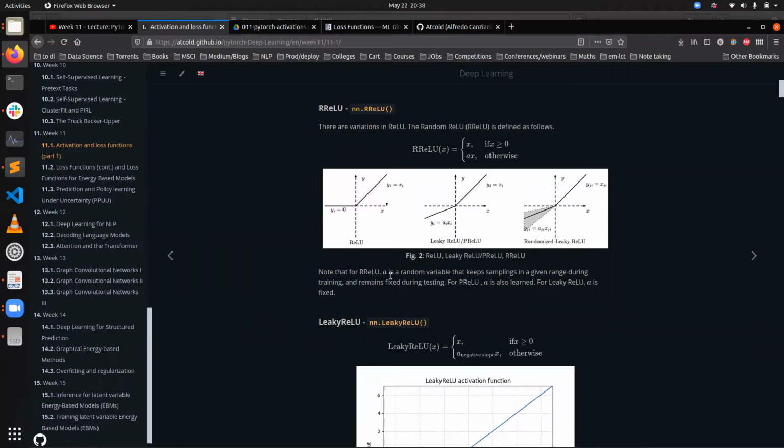I guess maybe a provides some sort of regularization. I could be wrong. It's kind of tricky, because if the behavior keeps changing, I'm not sure how it exactly learns proper weights, given that a keeps changing. But that's what random ReLU is.